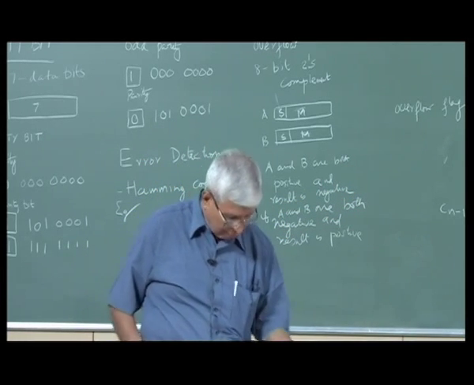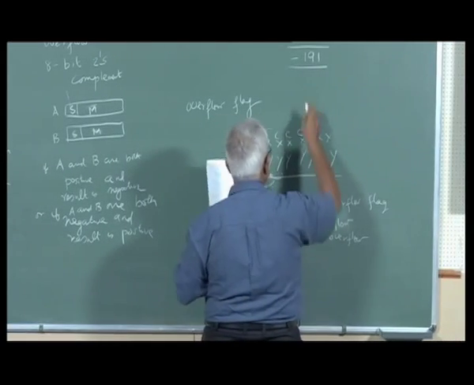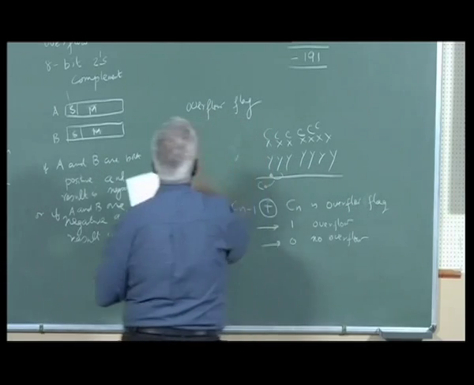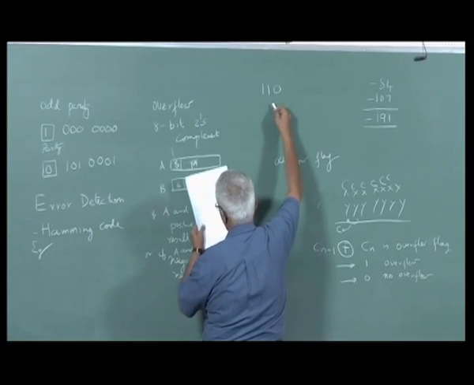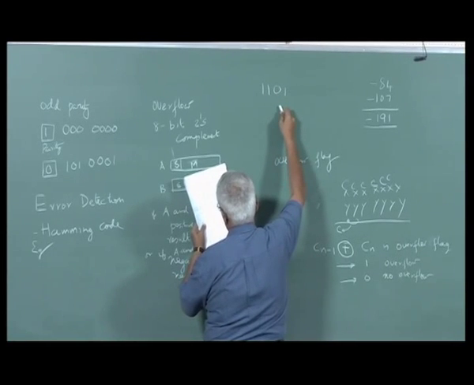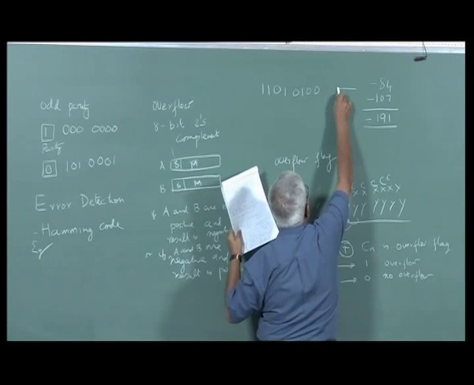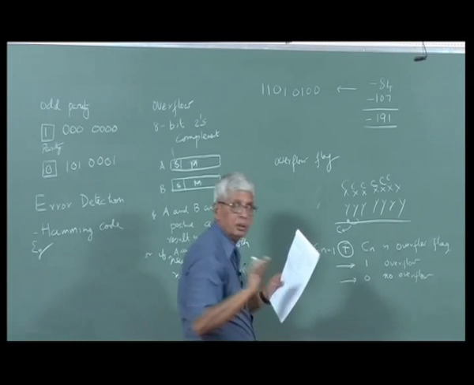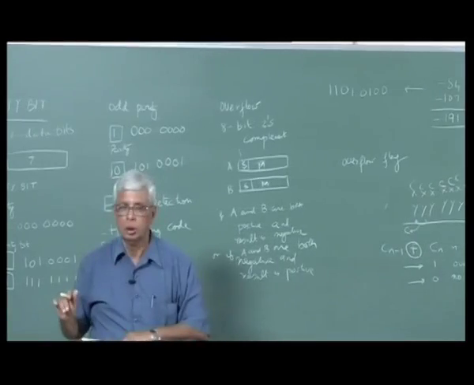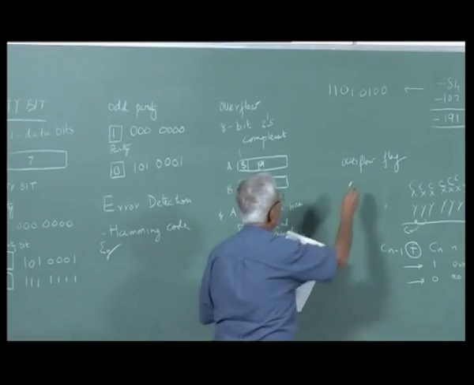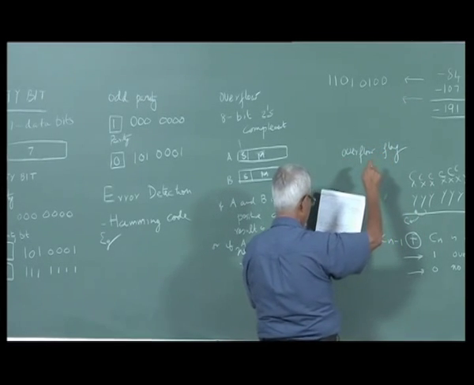So if you do this numbering, I will not do the entire arithmetic, I will just represent these numbers in 2's complement form, including the sign bit. This is the 2's complement representation of minus 84. This is the 2's complement representation of minus 107.